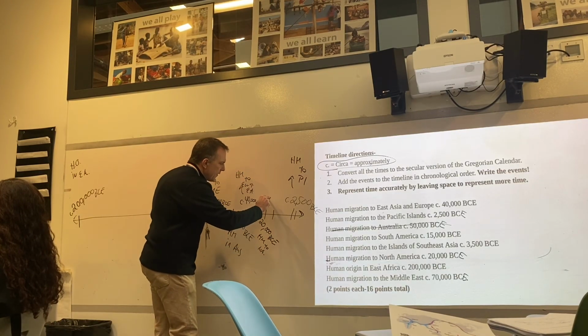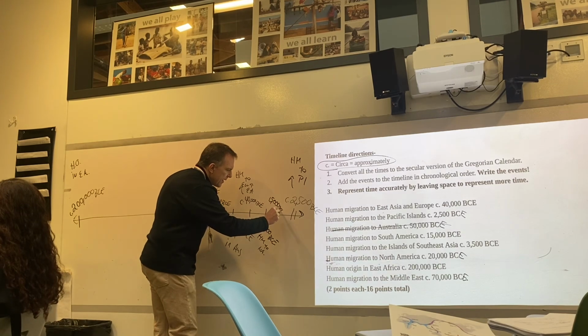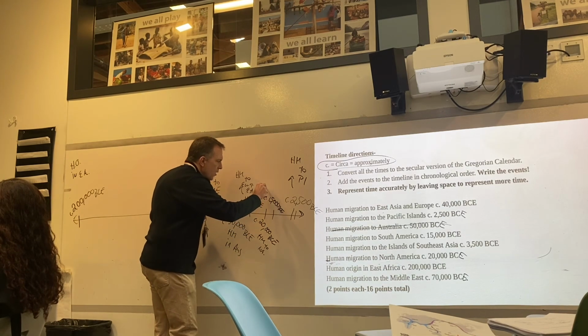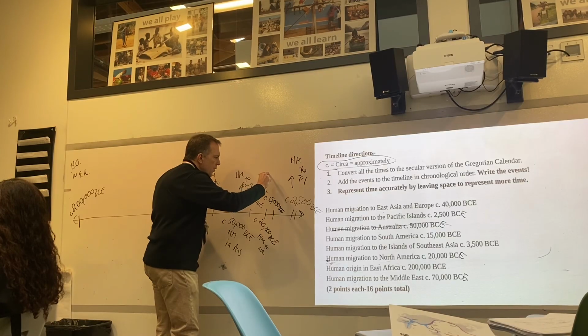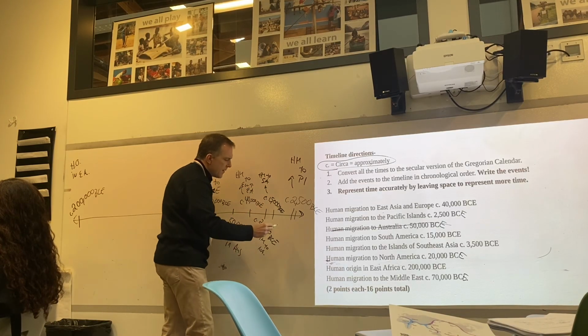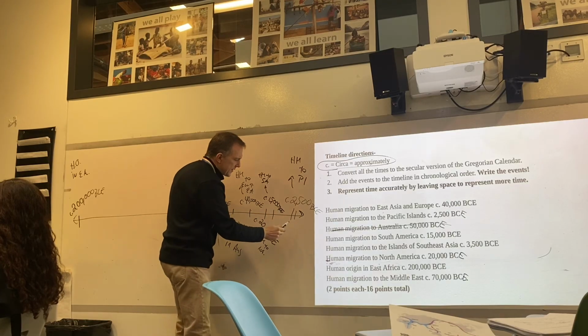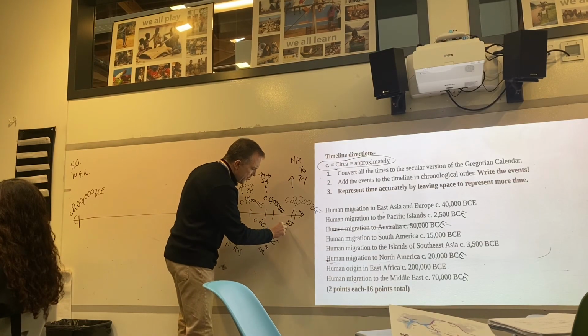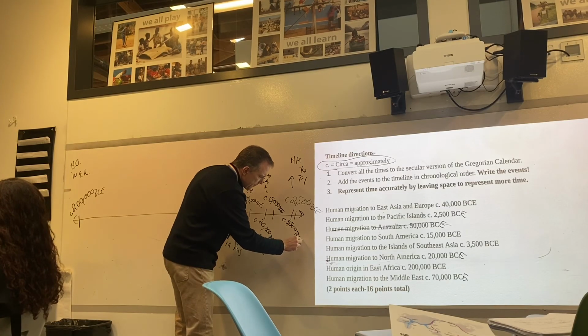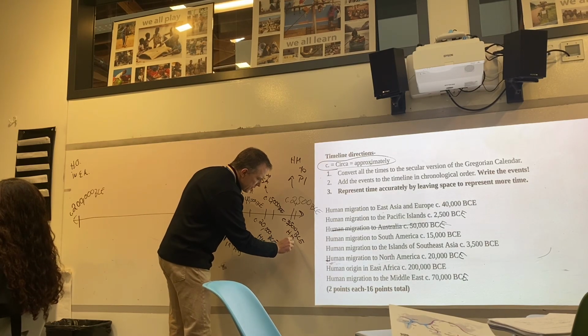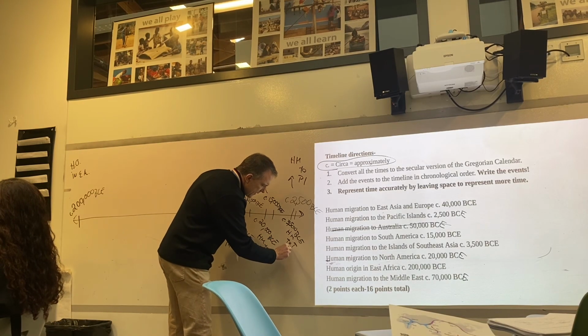Then I got 15,000 BCE, circa, human migration to South America. And my last one, see how I skipped this space here because this is going to be right next to this. I got 3,500 circa BCE, human migration to the islands of Southeast Asia.